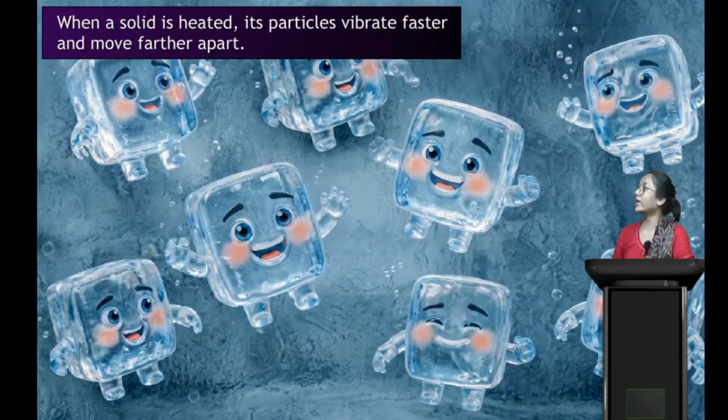So when a solid is heated, its particles vibrate faster and move further apart. We heated the ice, and the particles of ice started to move apart from each other, and due to this, the ice, which was solid, became water, which is liquid.